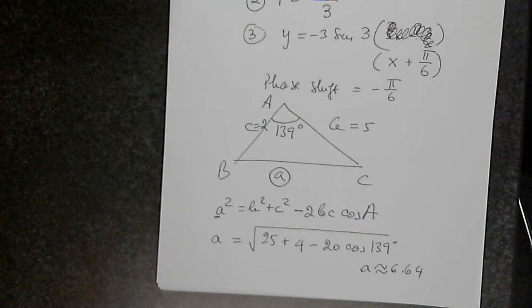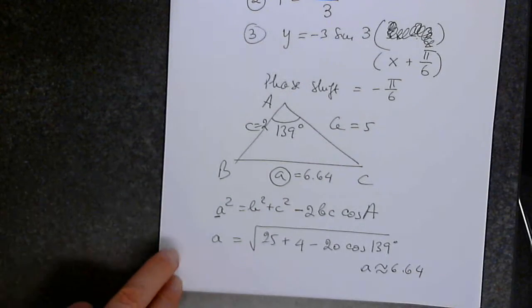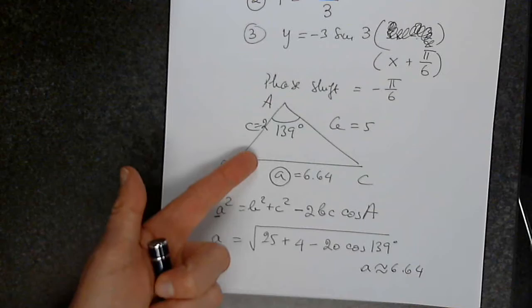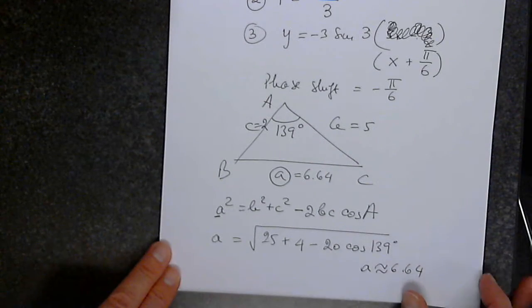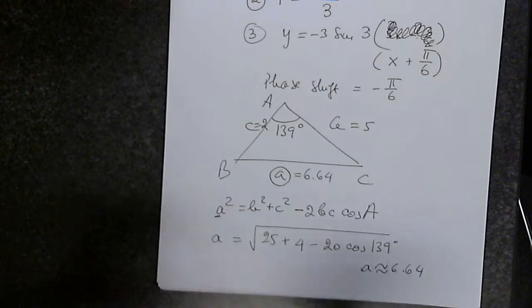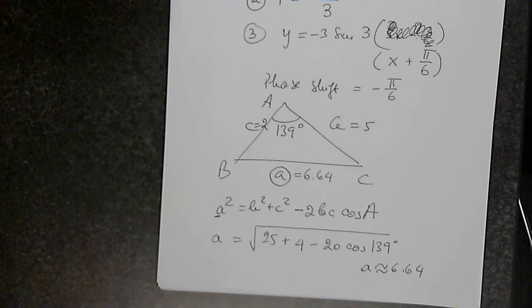And then let's use the law of sines and find one angle, and then we can find the other by subtracting their sum from 180. Is this okay? Should I continue and find one angle? No, it's fine. Okay.